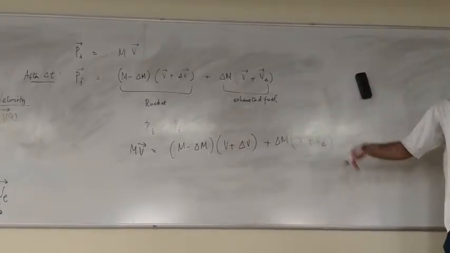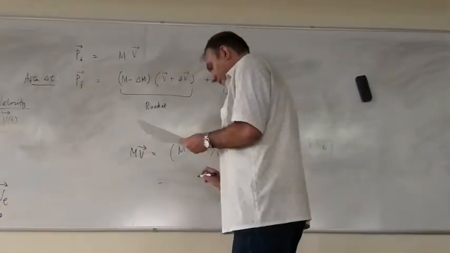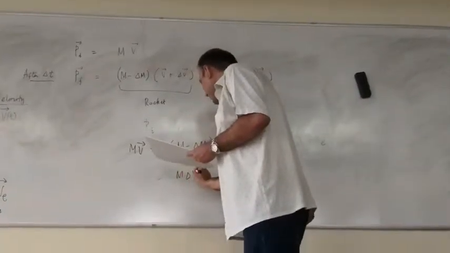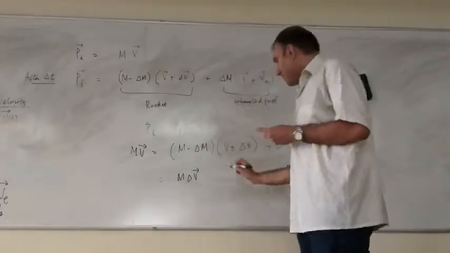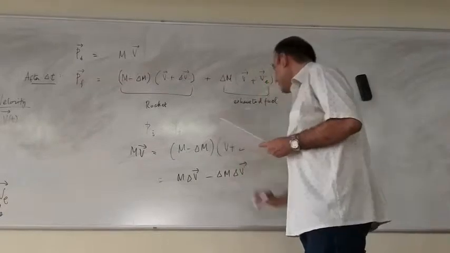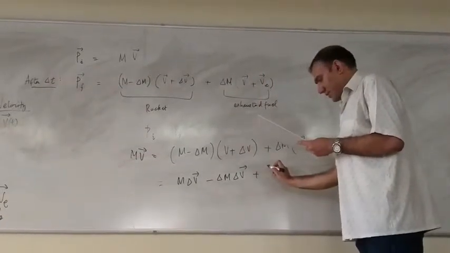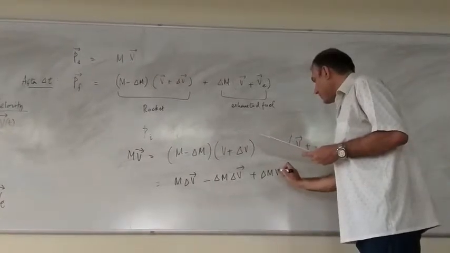You can just do the algebra and you will see that you get M times delta v minus delta m times delta v plus delta m times v.